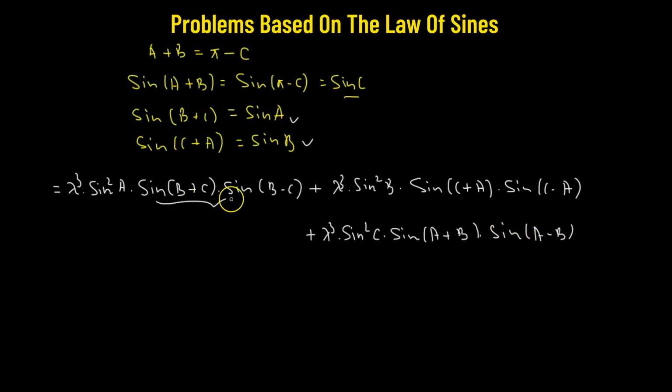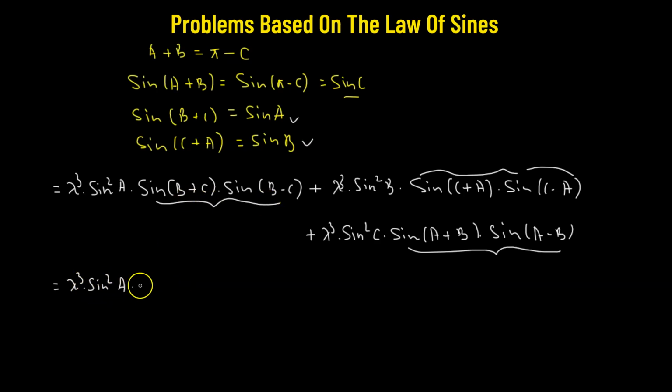Now what we can do here is combine sine of B plus C with sine of B minus C. We can also combine sine of C plus A with sine of C minus A, and sine of A plus B with sine of A minus B. So this will be lambda cubed times sine squared A multiplied by, so what's the product?